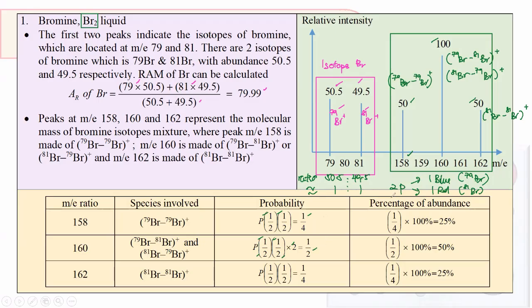And then finally, what is the probability for me to draw 2 times red pen? So it's again 1 over 2 times 1 over 2, you get 1 over 4. So in terms of percentage, you get 25 to 50 to 25. If you round up to become 100, that is how you get 50, 100, and 50 in here. So that is how you're going to read the mass spectrum given by the bromine molecules in here.